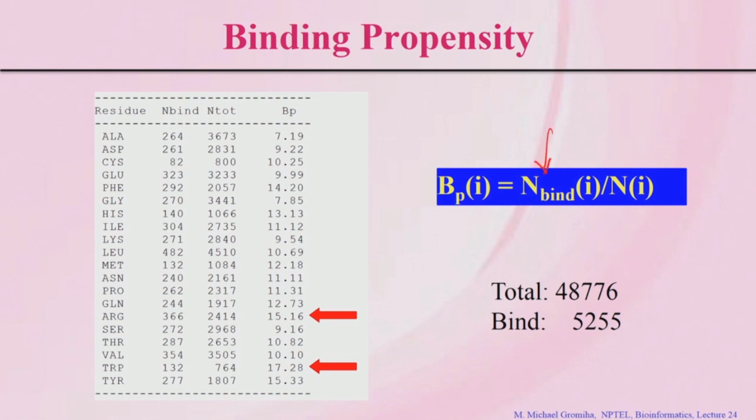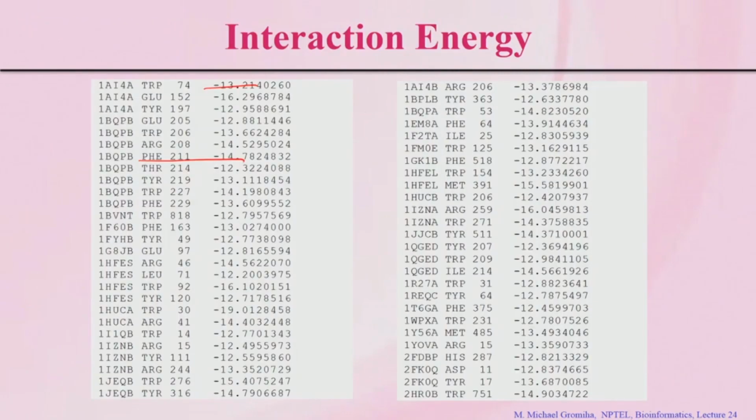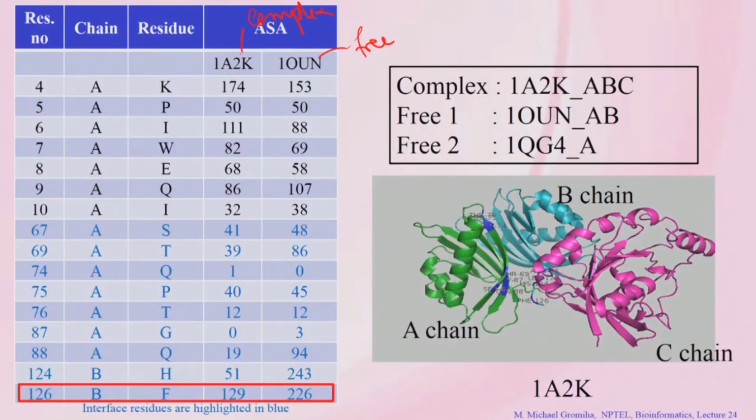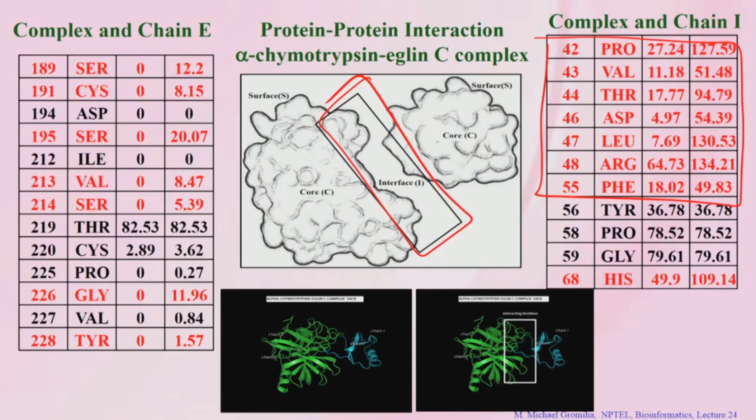So, what is n bind of I? For example, how many residues of type I are at the interface, say alanine, compared with all alanines in the particular protein.